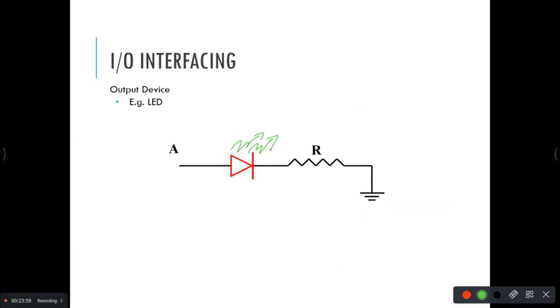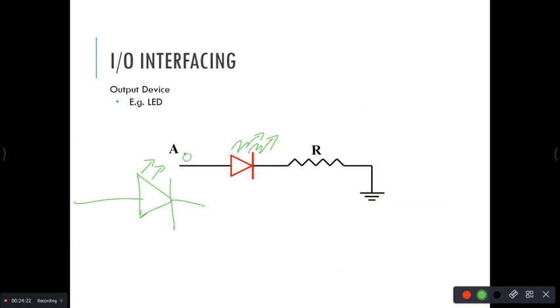In the examination, please don't make this mistake. In the class, that's why I'm telling you, your diode symbol is this one. The light emitting diode symbol has 2 arrows. Fine? Remember this.